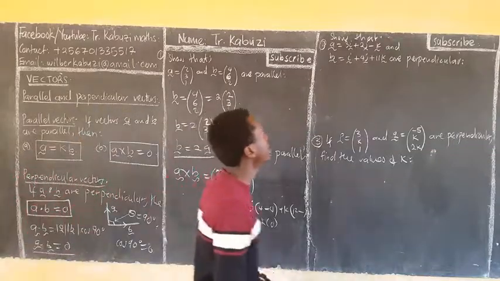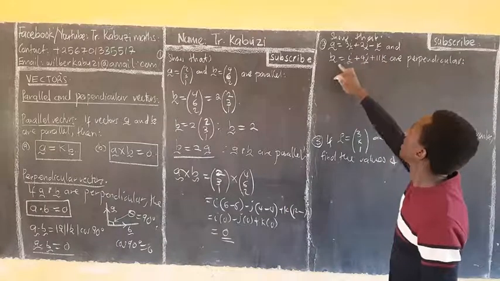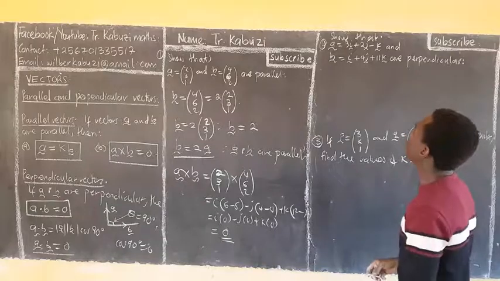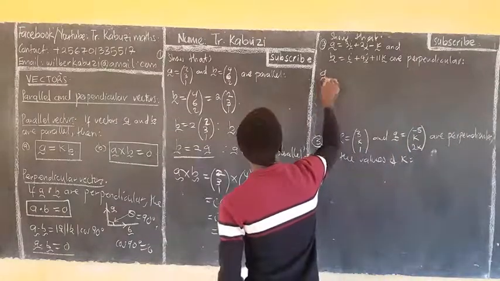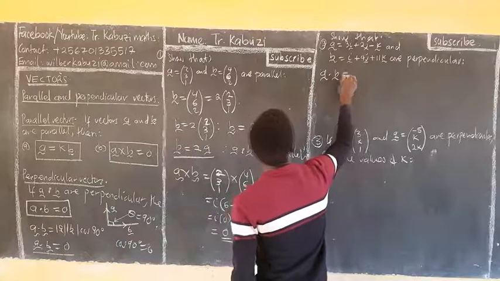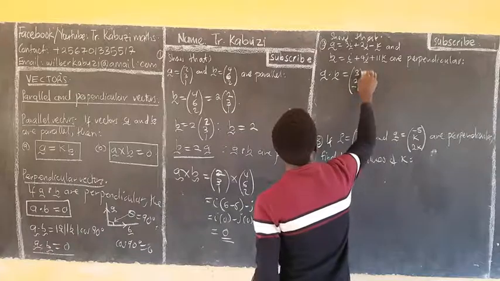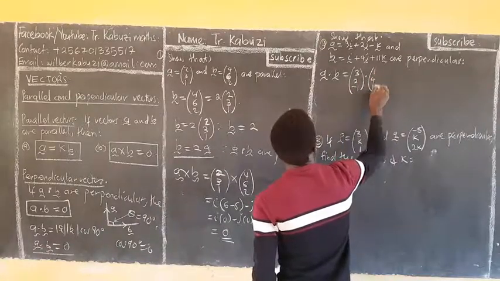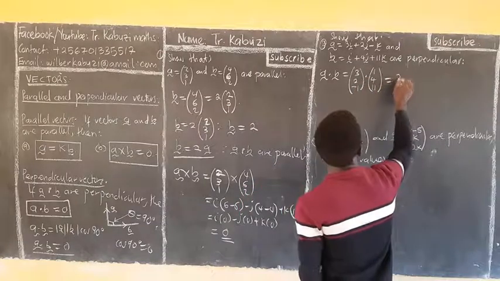Now show that A and B are perpendicular. Two vectors are perpendicular if their dot product is 0. So all you need to show is what happens if I dot them. When you dot them, you pick out 3, 2, negative 1, then dot 1, 4, 11. Let us note and see. 3 times 1, you get 3.